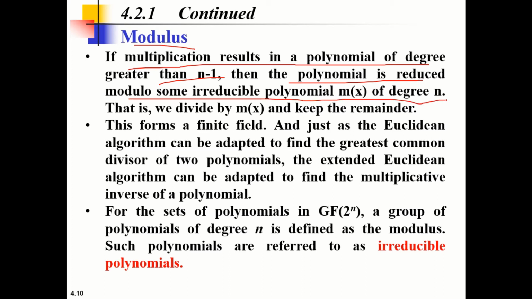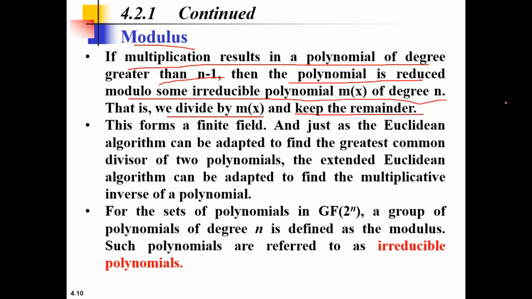so that the degree, which has increased from n minus 1, we can bring it into the range, right? So what we do when we find out the modulus is we divide by m(x), which is the irreducible polynomial, and then we keep the remainder only.